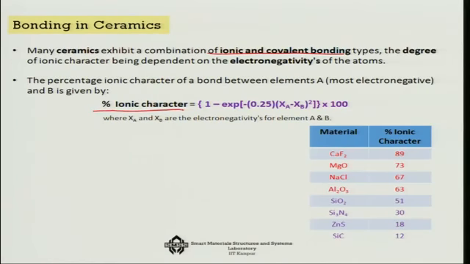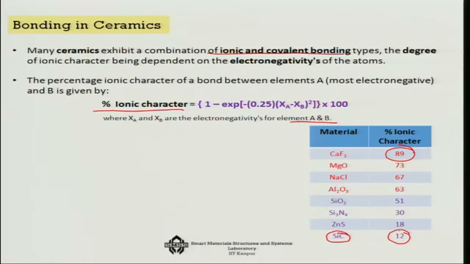If you know the elements used in the ceramics, Xa and Xb, and you know the electronegativity, then you can find out the percentage of the ionic character. For example, calcium and fluorine, you know their electronegativity, so you can find out that it will be 89% ionic in nature. On the other hand, silicon carbide is mostly covalent bond predominant, so it is about 12% ionic character.